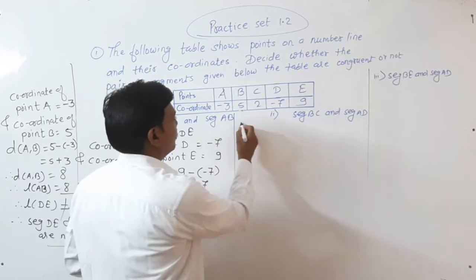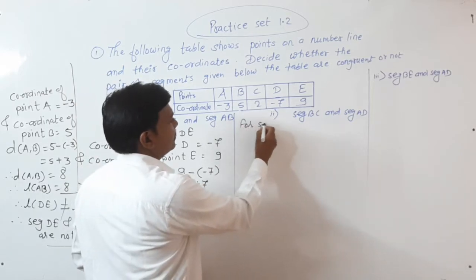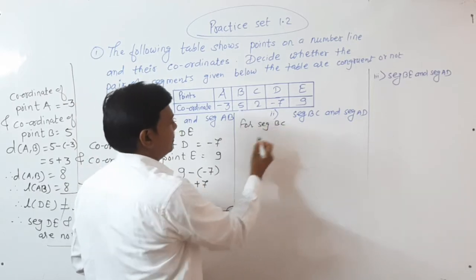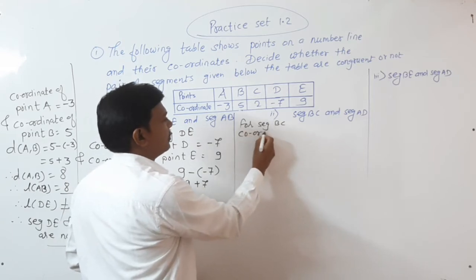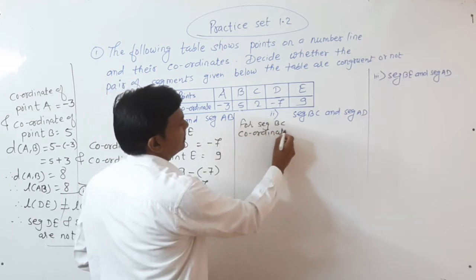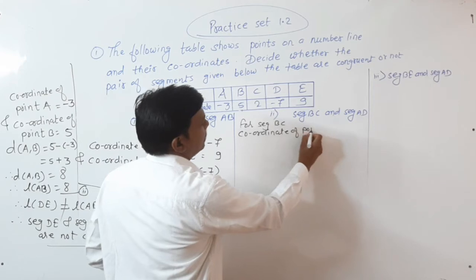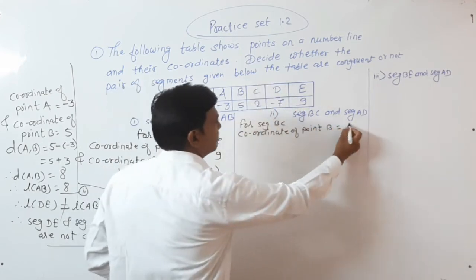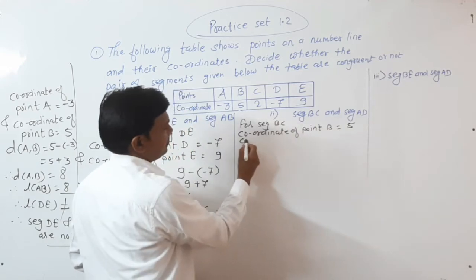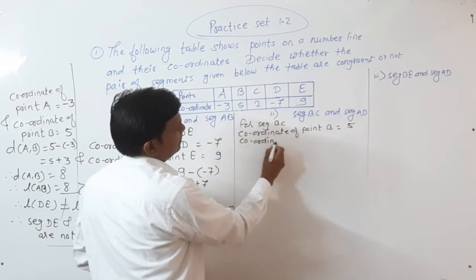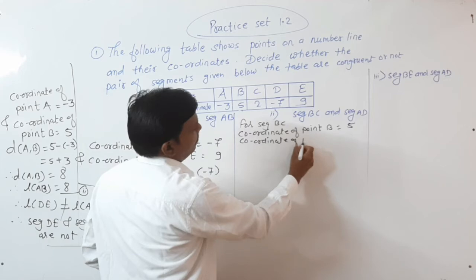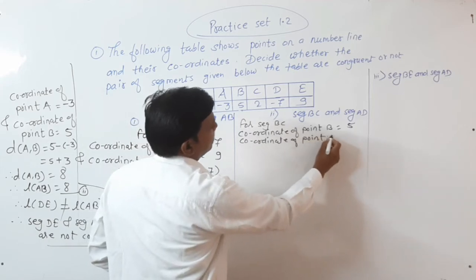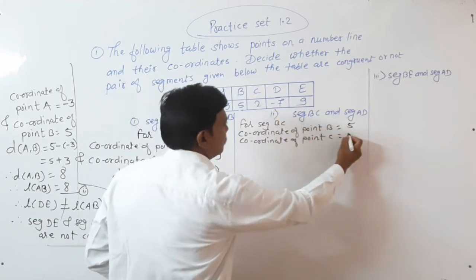So see, for segment BC, the coordinate of point B, that is 5. The coordinate of point C, that is 2.